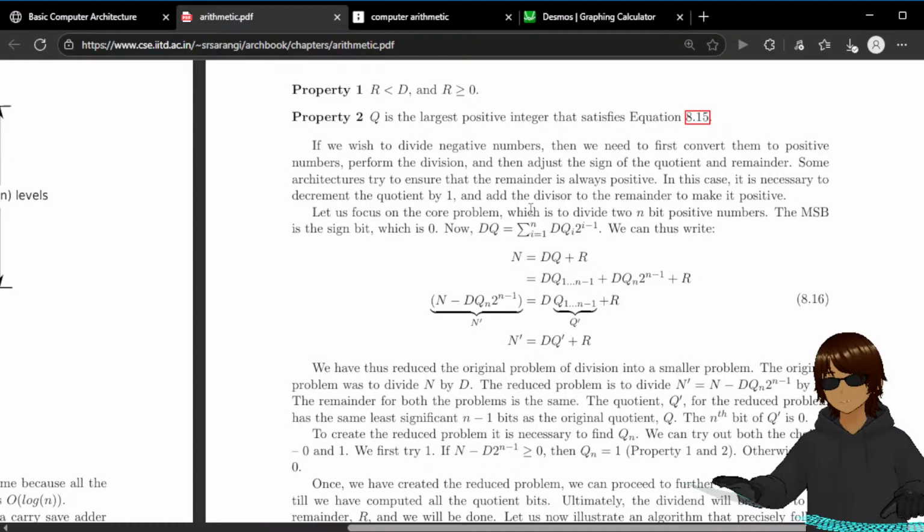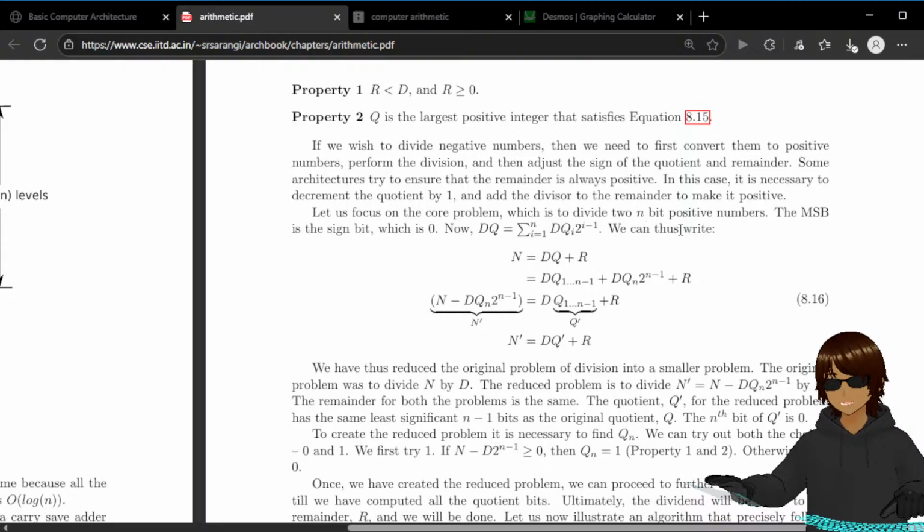Let us focus on the core problem, which is to divide two n-bit positive numbers. The most significant bit is the sign bit, which is 0. Now dq is equal to the sum of dq_i times 2 to the power of i minus 1. I think that's what they're saying.